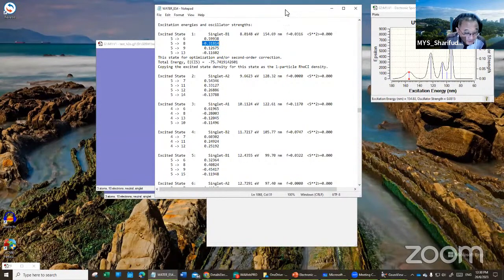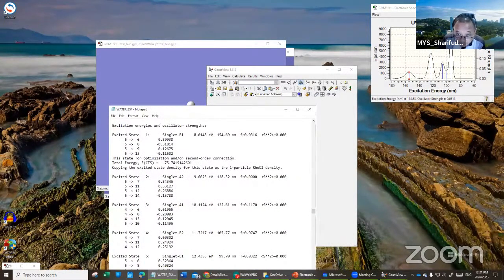So Gaussian gives you whether it is allowed or not allowed. A1 to B1, yes, it is allowed, and it also gives you the probabilistic numbers of the transitions from one molecular orbital to another molecular orbital. So this is a very interesting thing because this can be applied to a lot of different research.